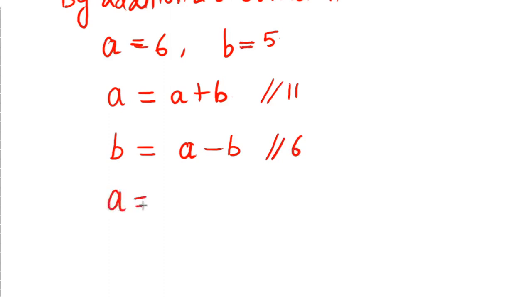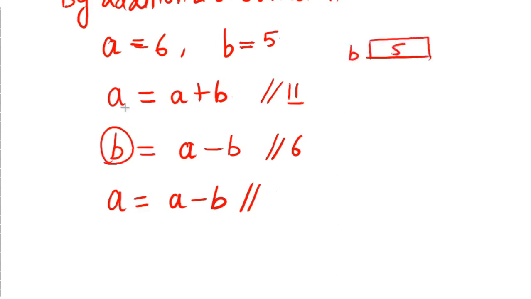Again consider A equals A minus B, where A is still 11 and B is 6 now, because initially it was 5. After this operation, this is replaced with 6.